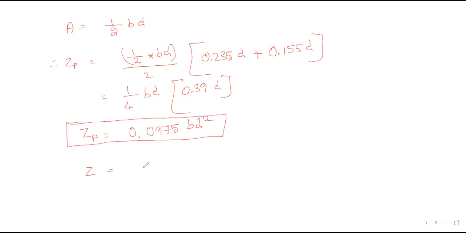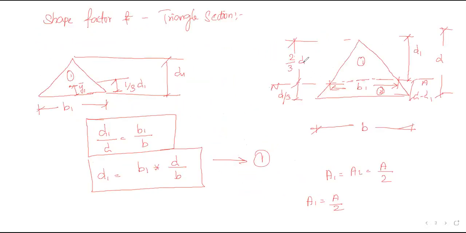Next, Z is equal to I by Y max, for the entire section. So here I value is equal to BD cube by 36 for the triangular section, and Y max value is 2/3 of D, from the neutral axis of the triangle. Okay, 2/3 of D is the maximum value.